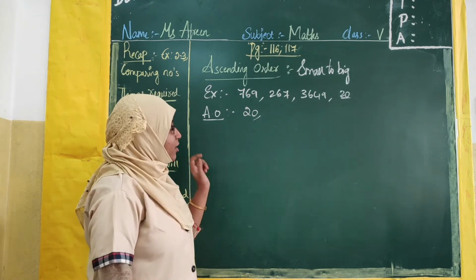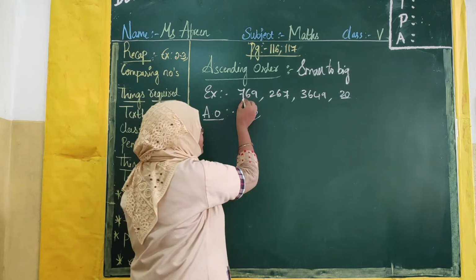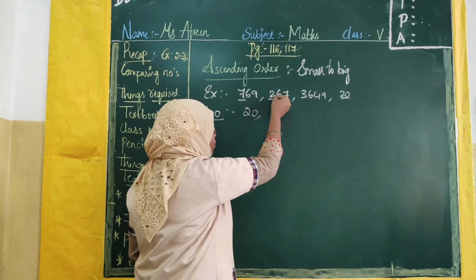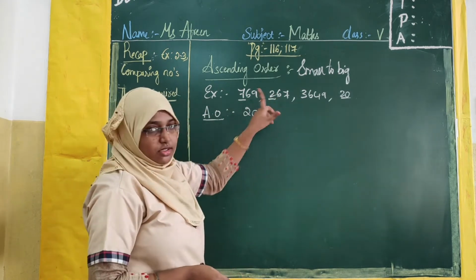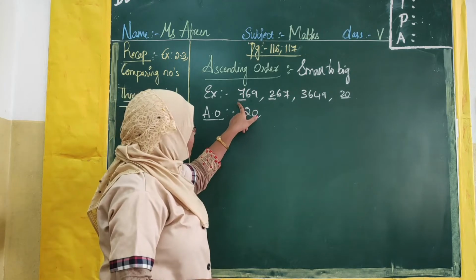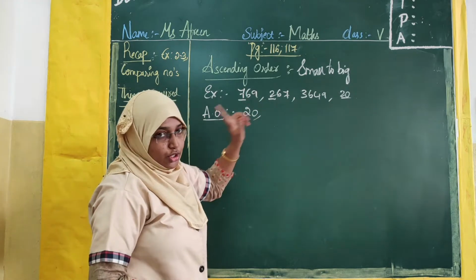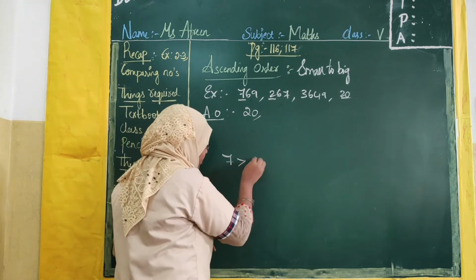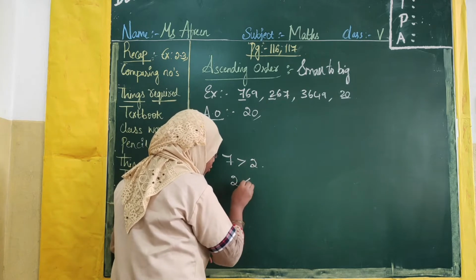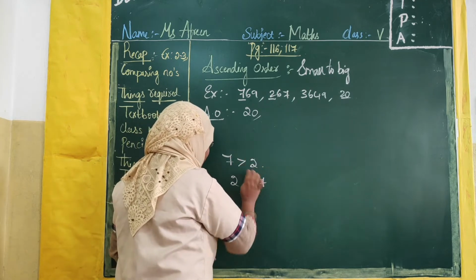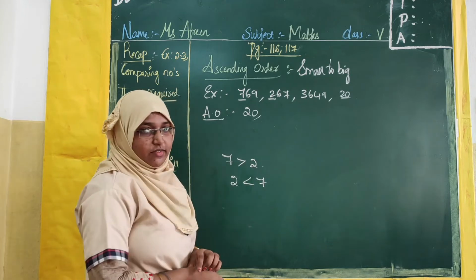Now we have done comparing of numbers. We will start from the extreme left and compare. Here it is 7, here it is 2. 7 is greater than 2, or you can say 2 is less than 7, right?